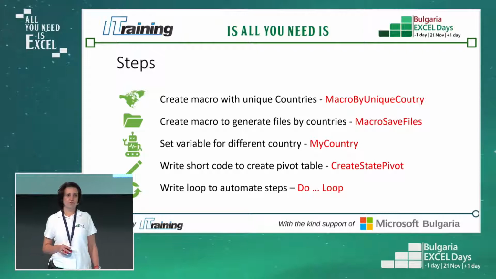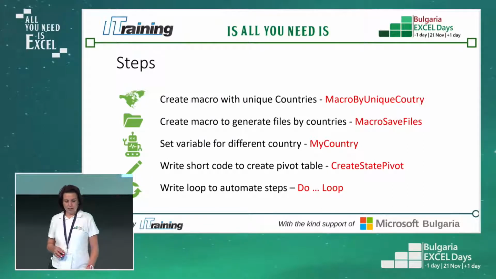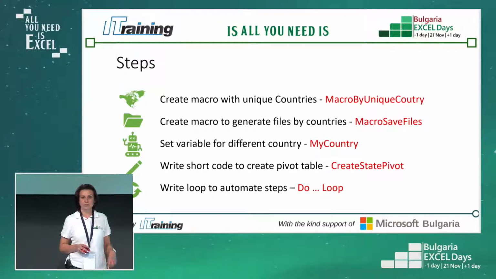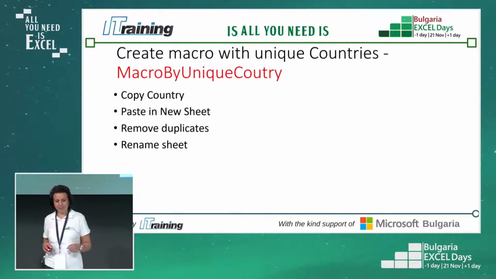After that, I will use the macro recorder again to generate simple code just to save a file in some folder. And after that, I need a variable that will look for the different country names. And of course, small code to create a pivot table. And of course, at the end, we need to loop this.